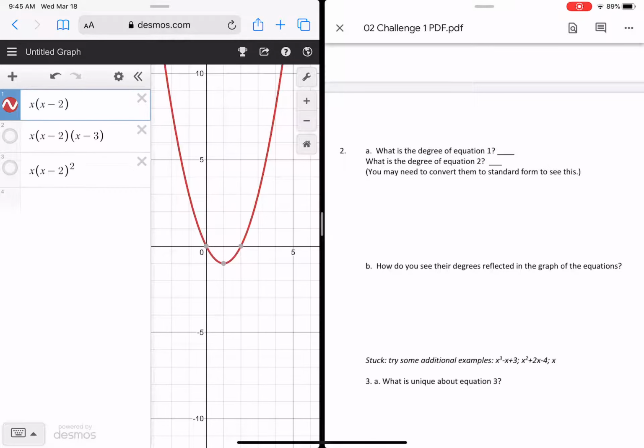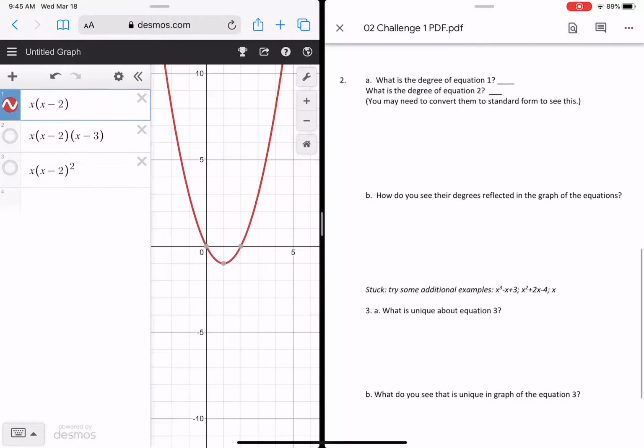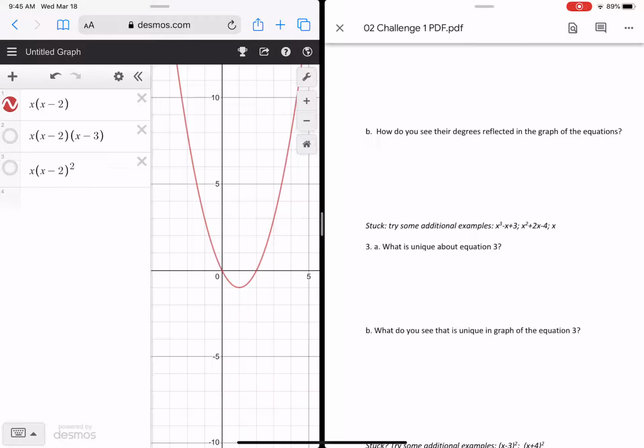Number 2, part B. How do you see the degrees reflected in the graph of this equation? So let's think about this. Think about the degree of equation 1 and look at equation 1. What do you notice? Now let's go to equation 2. Here's equation 2.